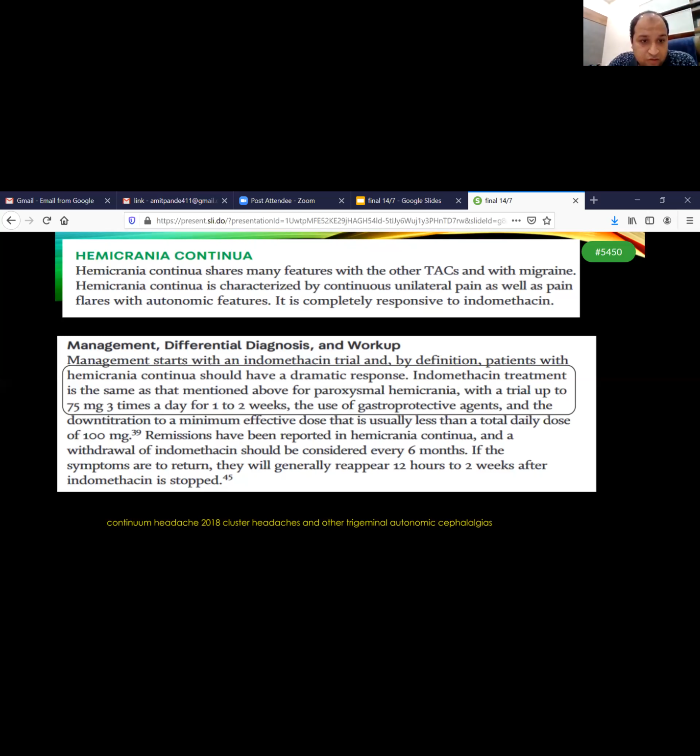You also need to note this: remissions have been reported in hemicrania continua, and withdrawal of indomethacin should be considered every 6 months. If the symptoms are to return, they will generally reappear 12 hours to 2 weeks after indomethacin is stopped. So whatever holds true for hemicrania continua holds true for paroxysmal hemicrania.